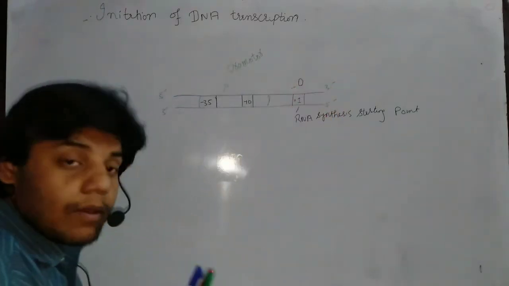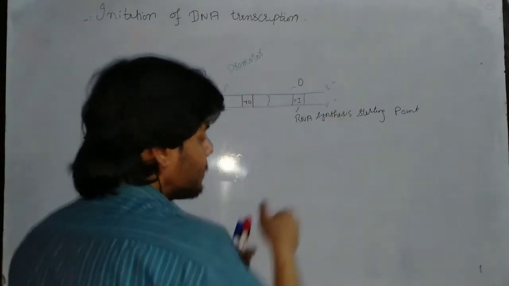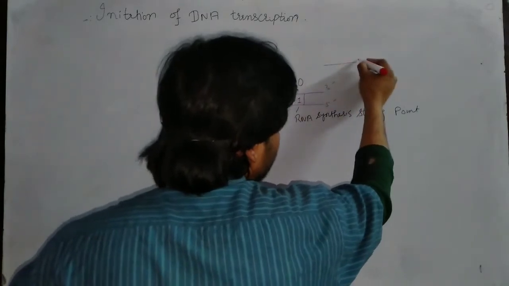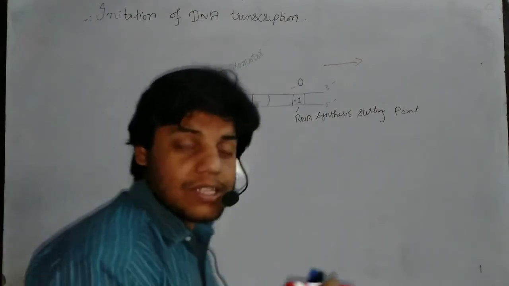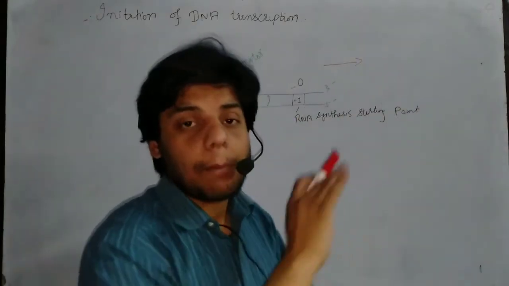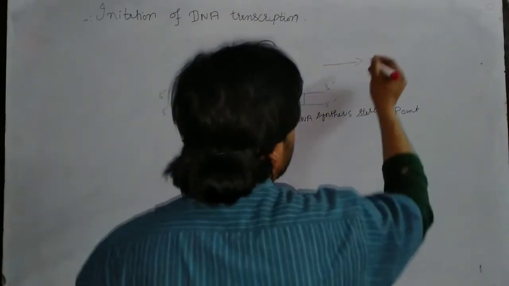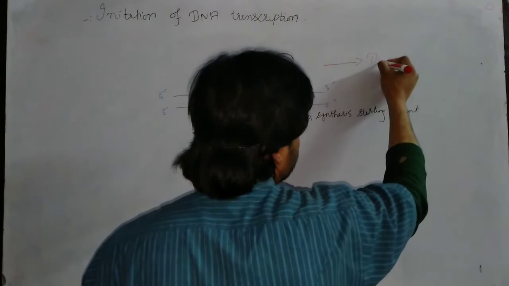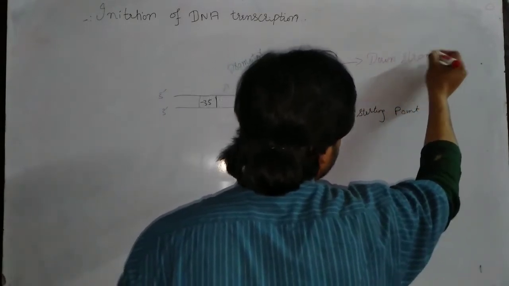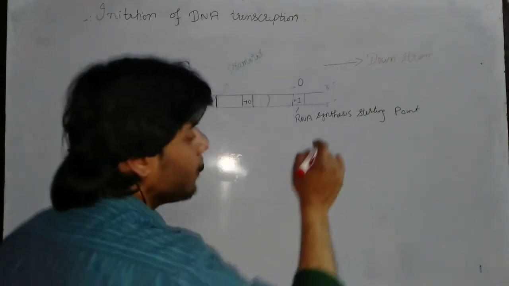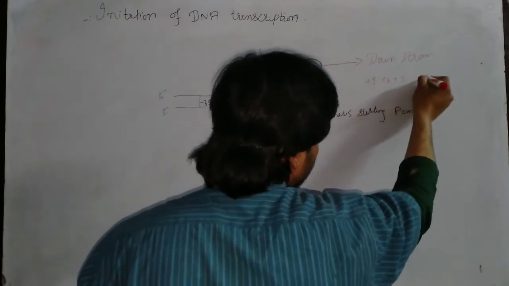Remember, the sequences or elements or nucleotides which are present after the +1 position, at the right side, we call the downstream element or downstream sequences, and they are written as +1, +2, +3 and so on.